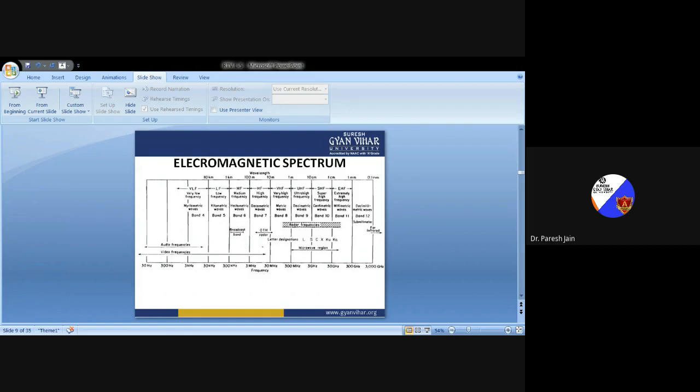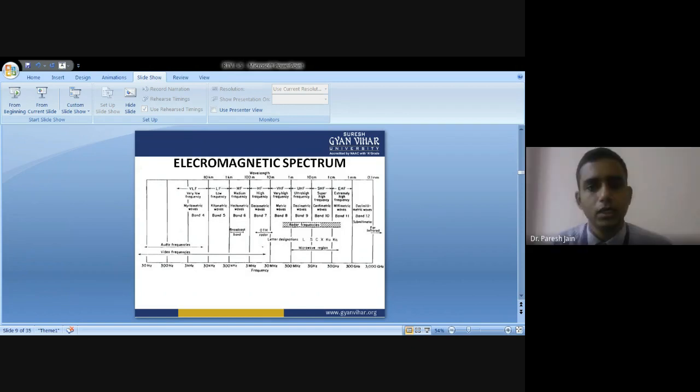Now we have one solved problem related to the previous study. A certain radar has a pulse repetition frequency of 1250 pulses per second. What is the maximum unambiguous range?